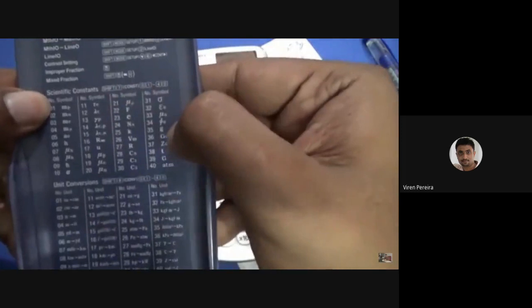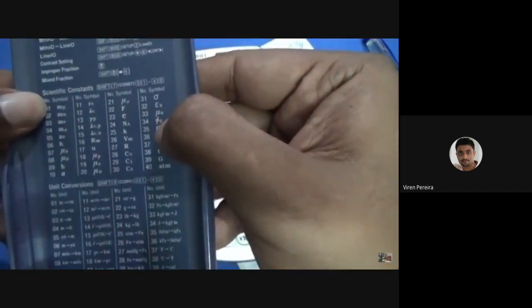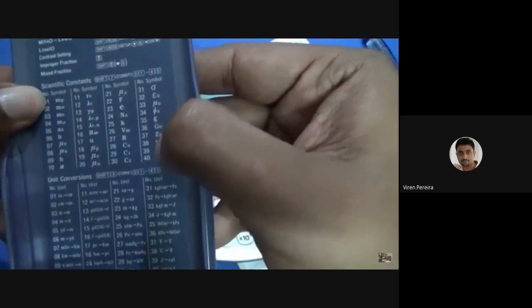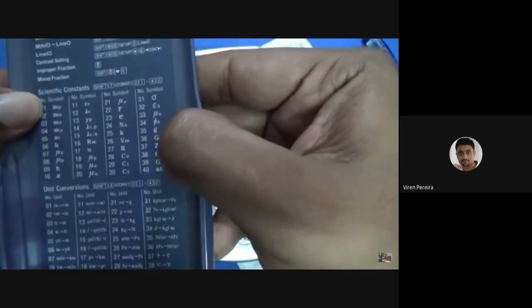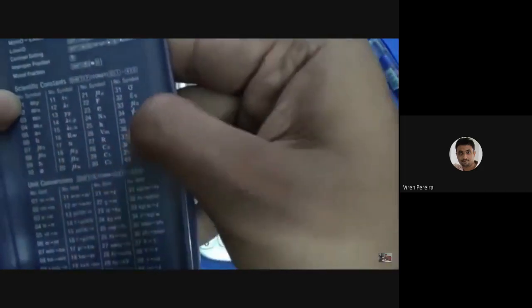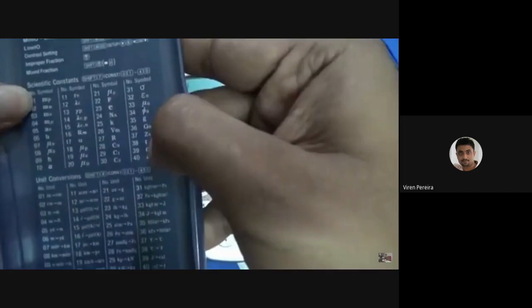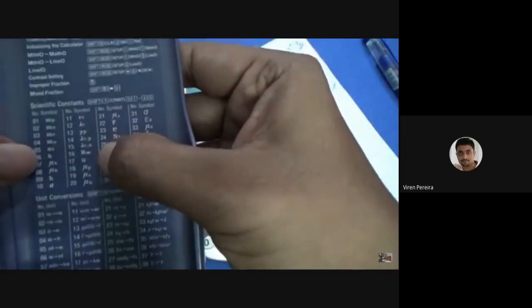I have my gravity of Earth, I have my gravitational constant of the universe, that is my G. I have epsilon naught, I can find out the values of all of these. So it becomes very easy for you to get the values of your constants.